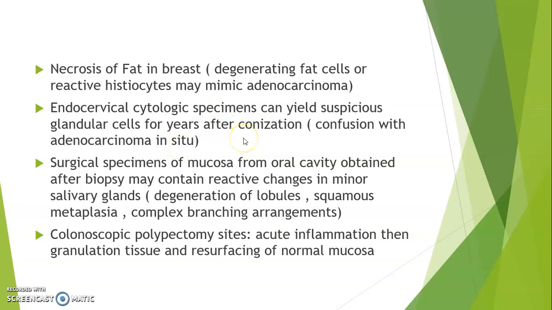Surgical specimens of mucosa from the oral cavity obtained after biopsy may contain reactive changes in minor salivary glands, with degeneration of lobules, squamous metaplasia, and complex branching arrangements. Colonoscopic polypectomy sites show acute inflammation, then granulation tissue formation and resurfacing of the normal mucosa.